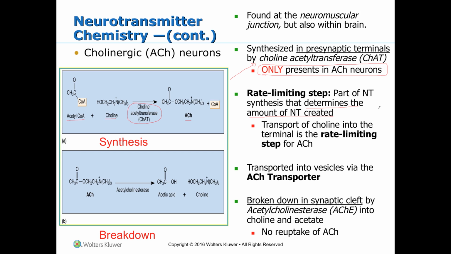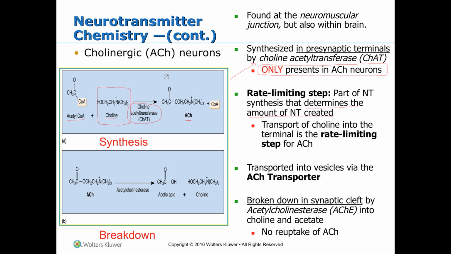If you only have so much choline, imagine you only have 5 units of choline. I'm not going to be able to produce 15 units of acetylcholine from 5 units of choline, right? So the rate-limiting step in this process is the transport of choline. So we can only produce so much acetylcholine based on how much choline we have.